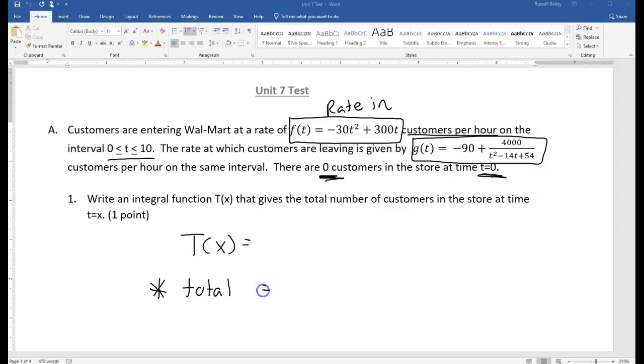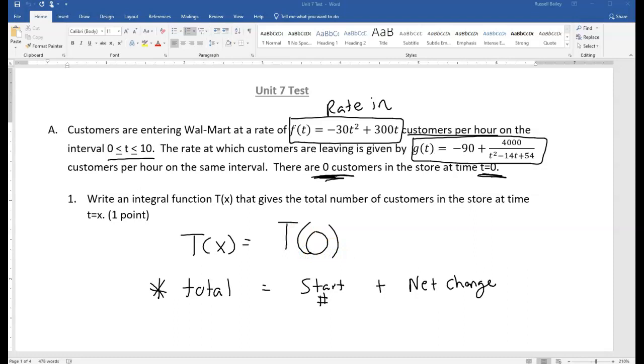To get that, you need to have the starting number of people plus the net change. Okay? So the starting number of people is 0. Now some of you guys on the test might have done this: T of 0.